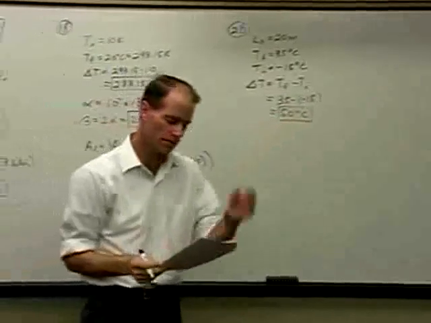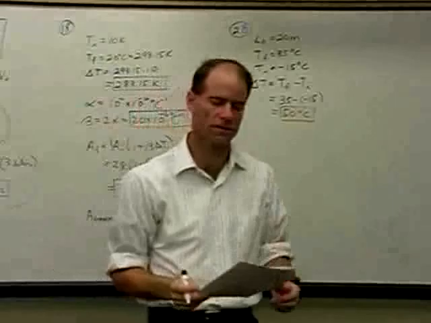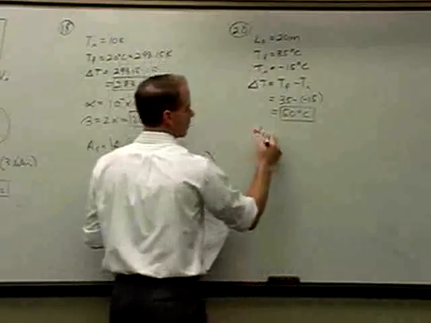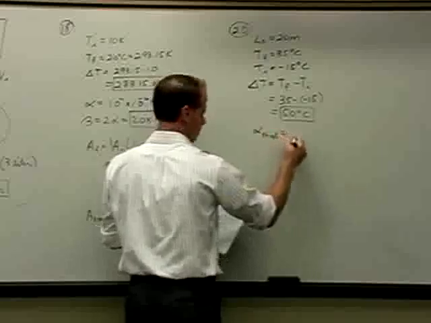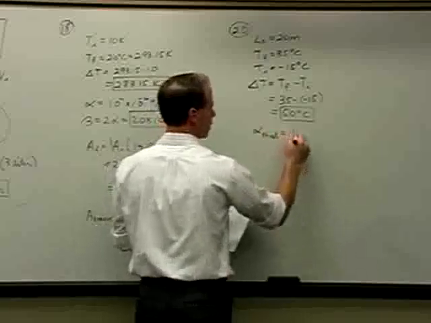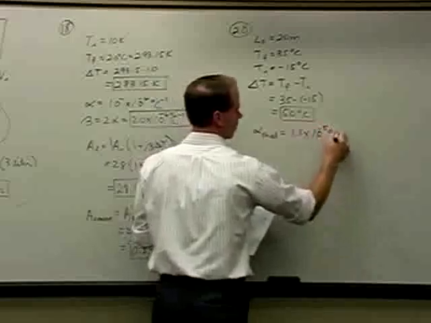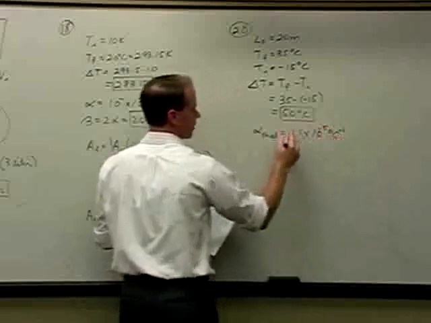And we're given the linear coefficient of steel, which is the alpha for steel, 1.1 times 10 to the minus 5 degrees Celsius to the minus 1.